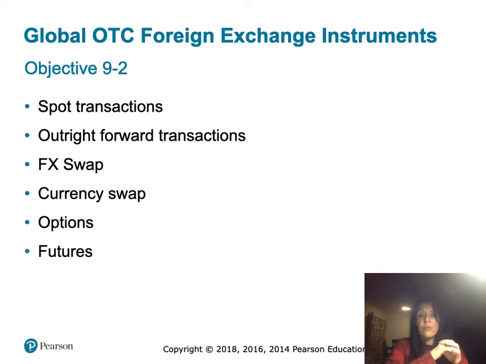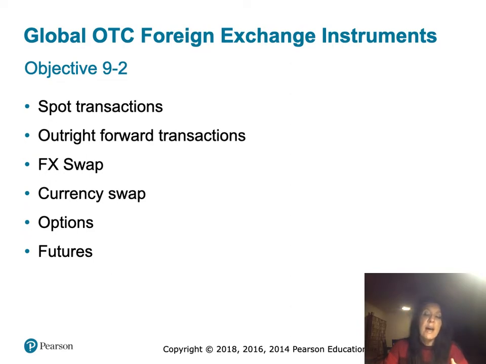So if we look at the global over-the-counter foreign exchange instruments, you will see a number of instruments being traded in the foreign exchange market, starting with the spot transactions. Spot transactions involve the exchange of currency for delivery in 2 business days after the day the transaction was made.